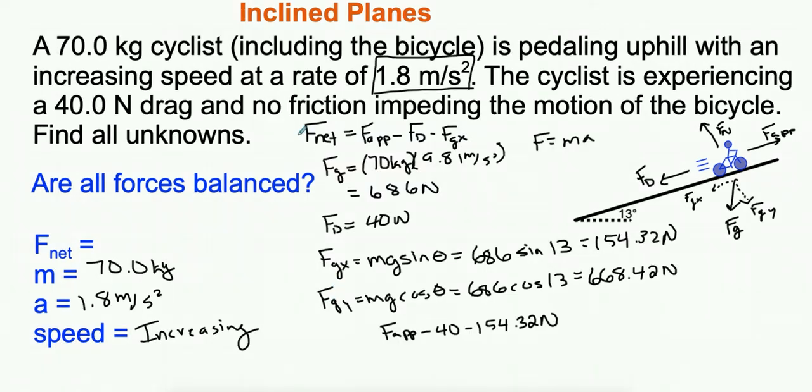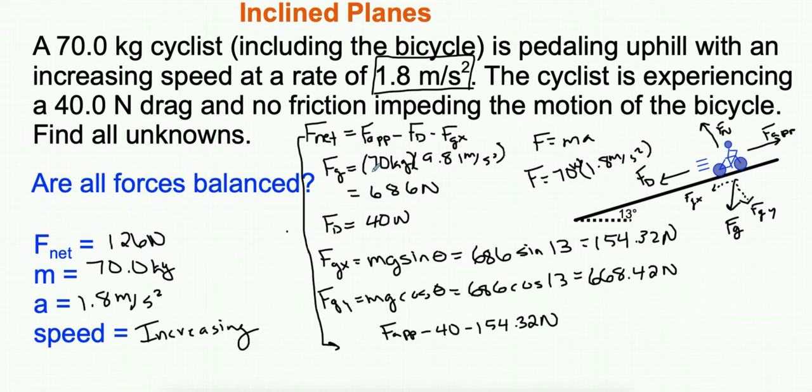Okay, so let's rewrite our net force equation down here. Remember we found that net force earlier. We just had F equals 70 kilograms times 1.8 meters per second squared, and we had that as 126, so let's write that back over here and use that down here.